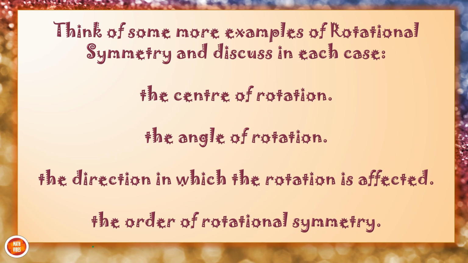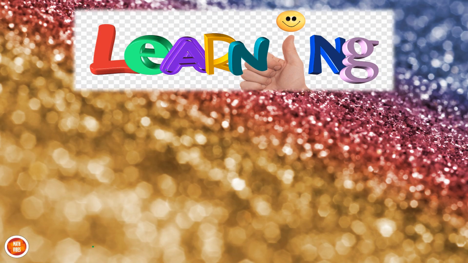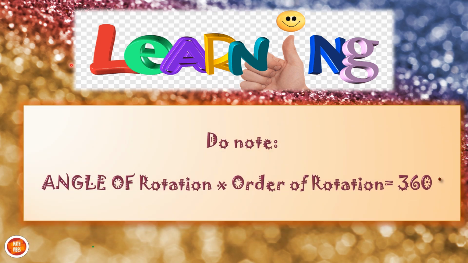So one more very important formula is that angle of rotation times order of rotation is equal to 360 degrees. So if in any case you know the angle of rotation and you want to find out the order of rotation, then the formula is order of rotation equals 360 degrees over angle of rotation. So you will get to know the order. But if in any case you have to find the angle and you know the order, the formula for the angle of rotation is 360 over order of rotation.